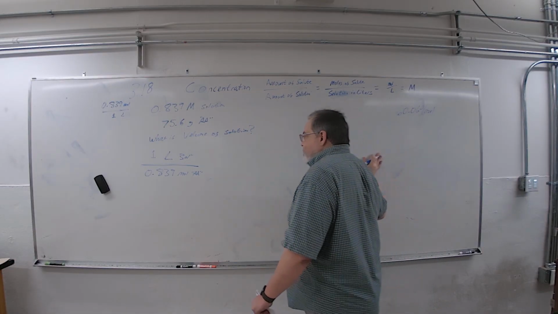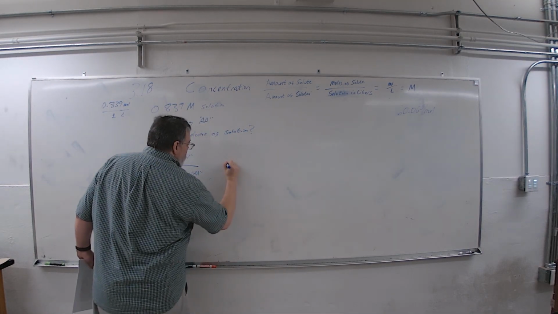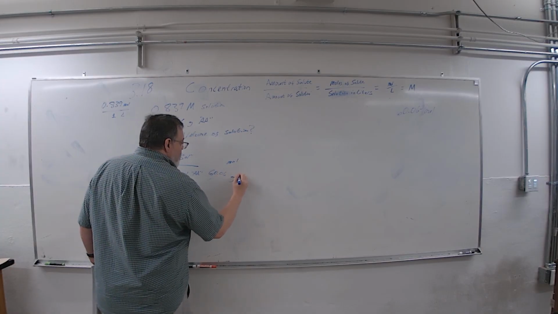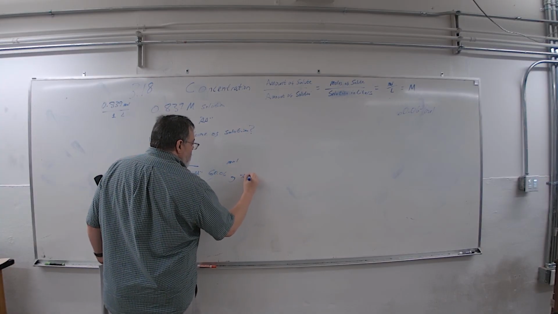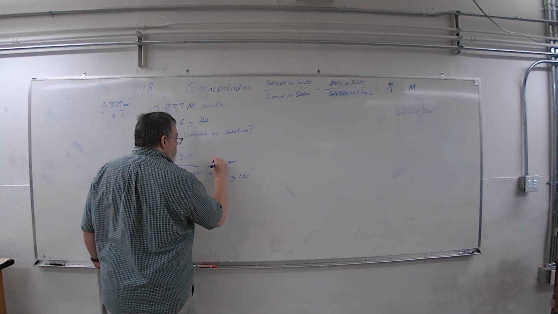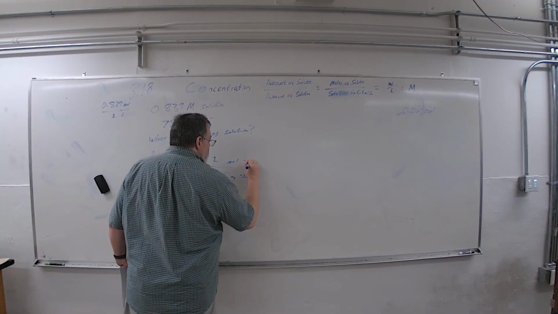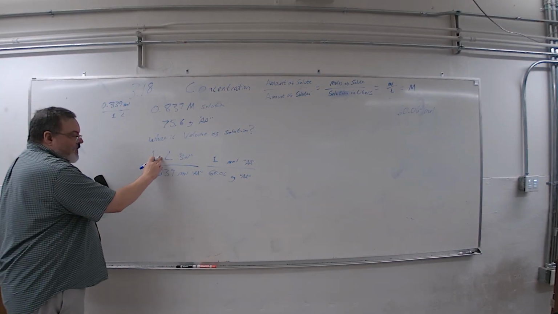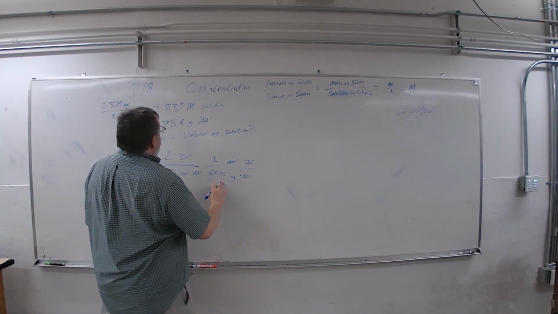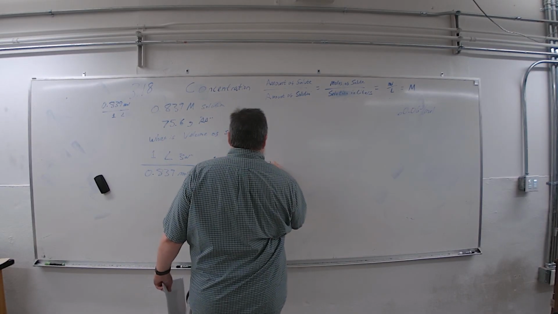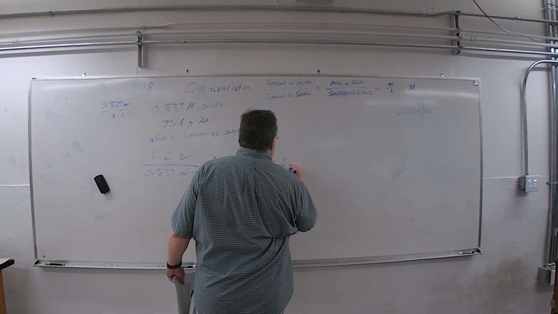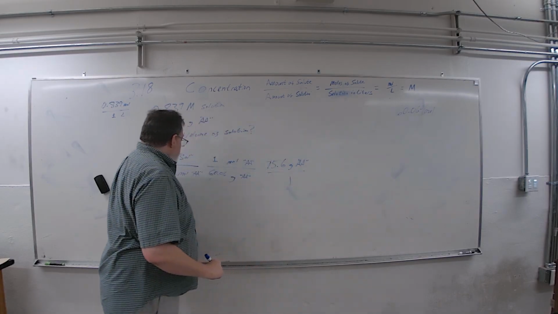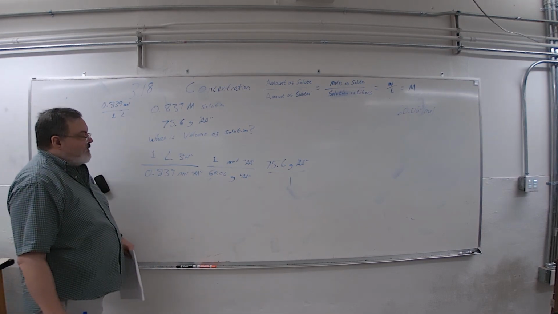So 60.06 grams per mole. Moles cancels, we want to keep liters. Now grams, and we're given this grams of it. And that's it. Moles cancel, grams cancel, that'll give us the liters.